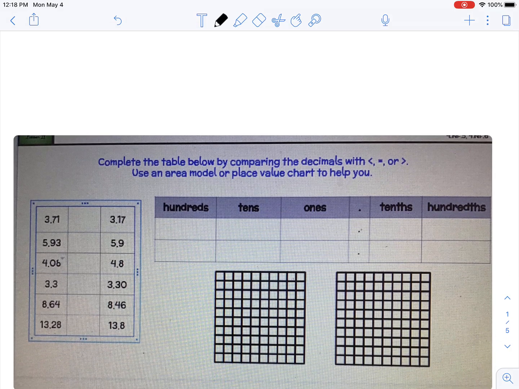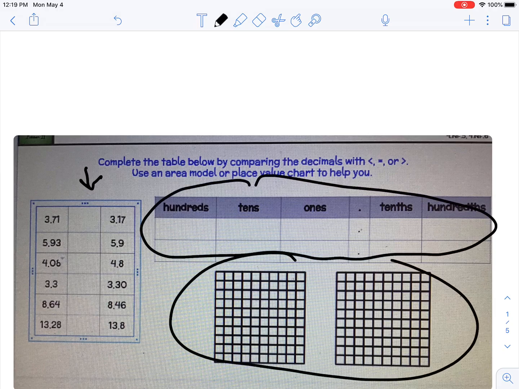You're going to have something that looks like this in your independent practice, where they give you numbers to compare. This is just for the comparing part. And you don't have to use this or this if you don't want to.